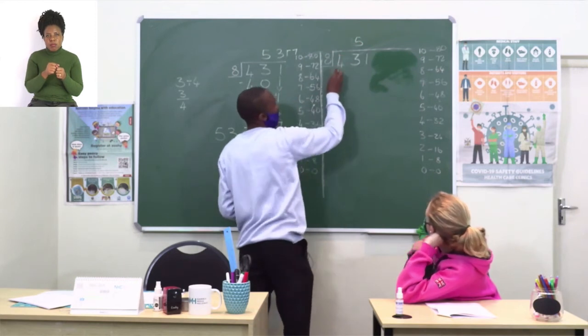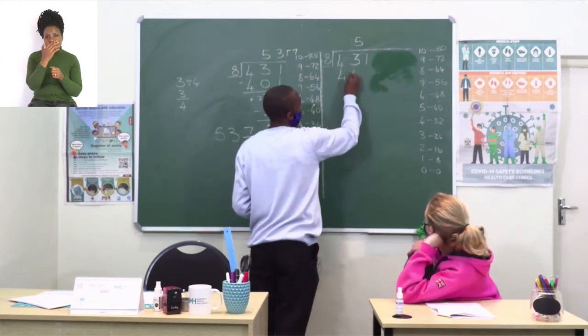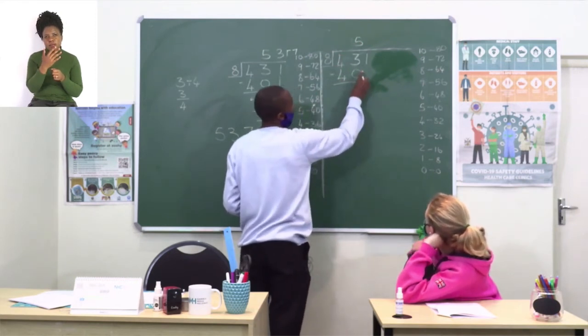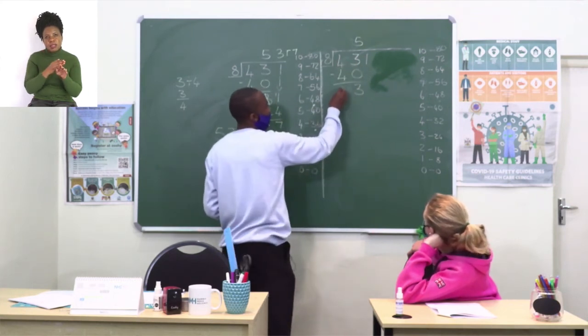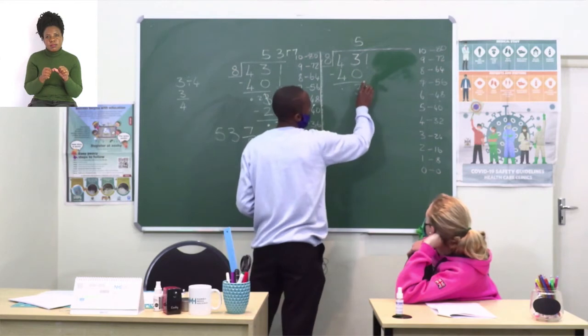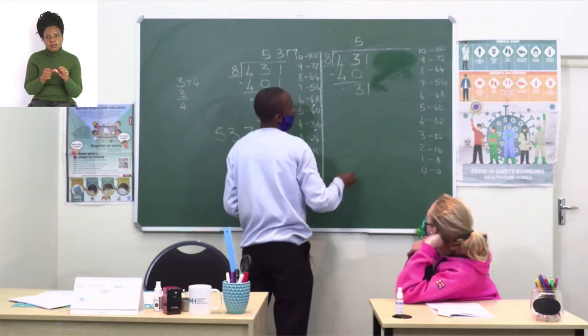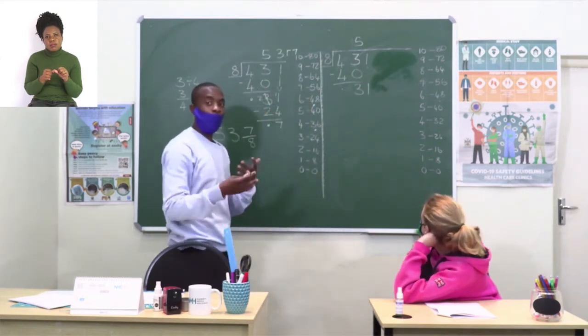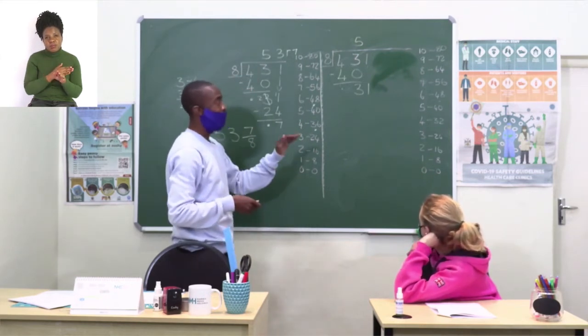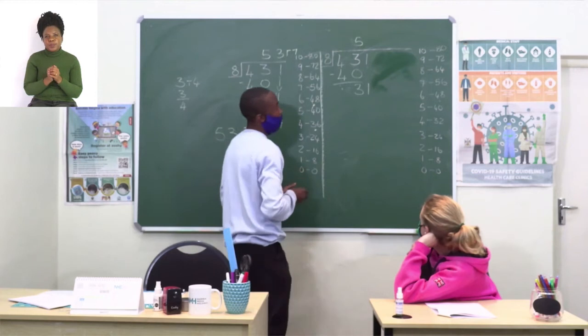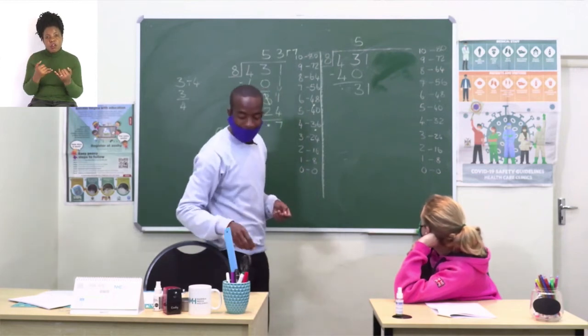Then I will say 5 times 8 will give me 40. Then I say 3 minus 0 will give me 3. 4 minus 4 is nothing. And then I make sure I drop my 1. All right? I hope this looks familiar because it's just exactly as the previous example up until now. But I want you to follow because there is going to be a difference. All right?